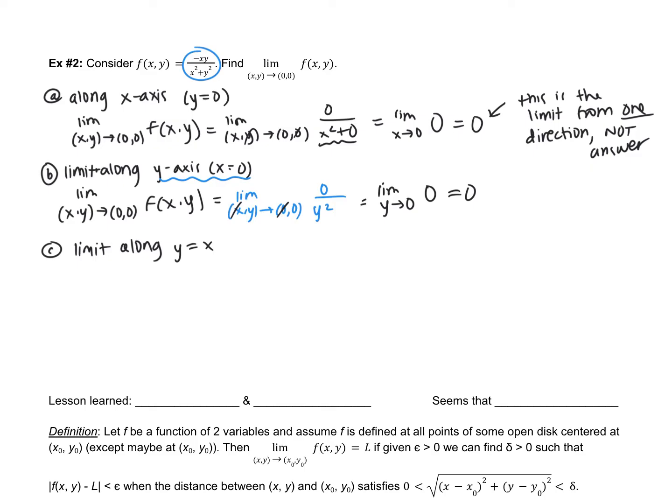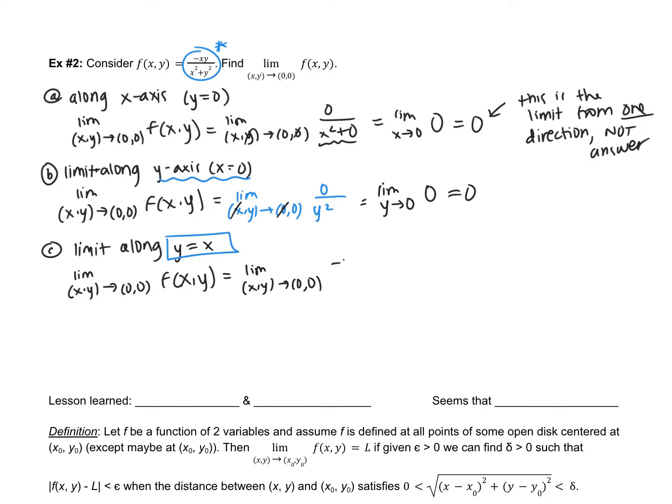Okay, so what that means then is I'm looking at the limit as (x, y) approaches (0, 0) of f(x, y). So this is going to be the same as the limit as (x, y) approaches (0, 0). At this point, I need to substitute in this y equals x. So what I'm going to do is I'm going to go back to my function, and everywhere that I see a y, I'm going to replace it with x.